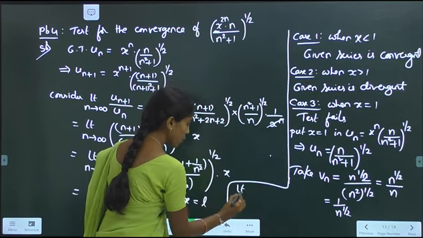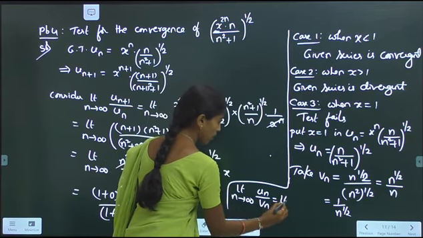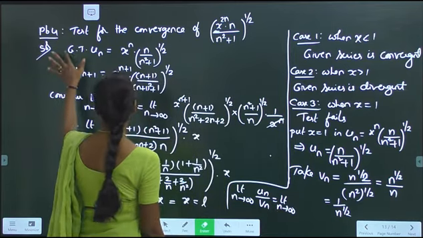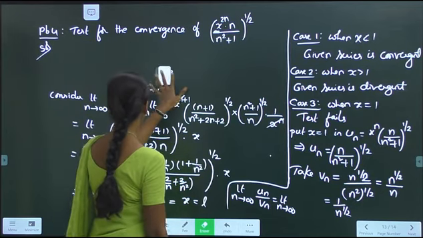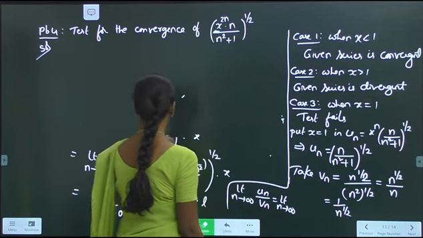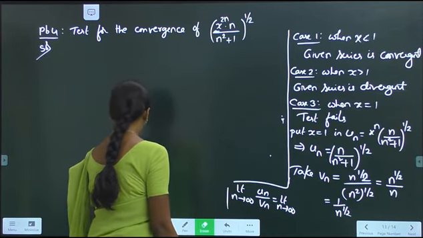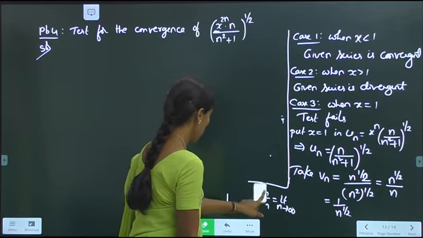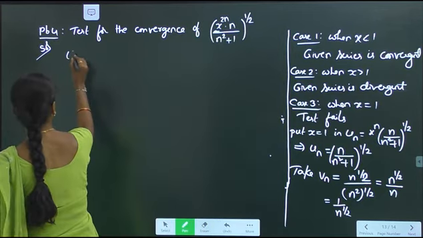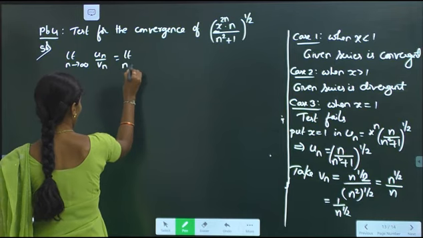Now apply limit n tends to infinity un by vn.